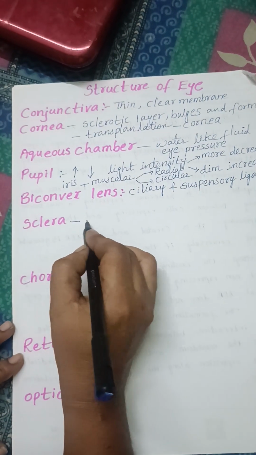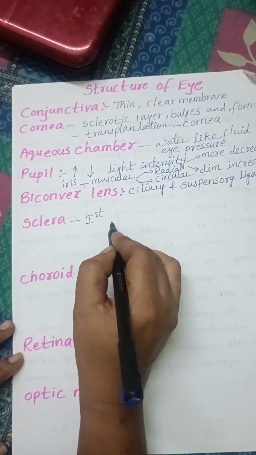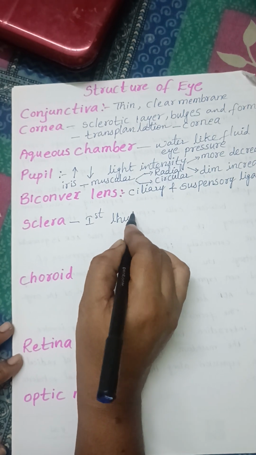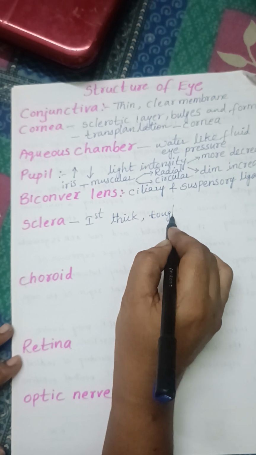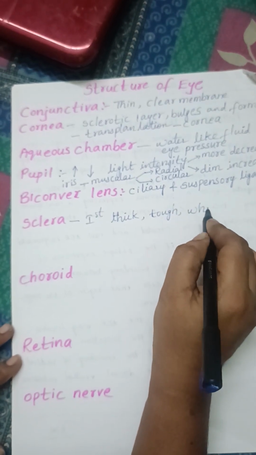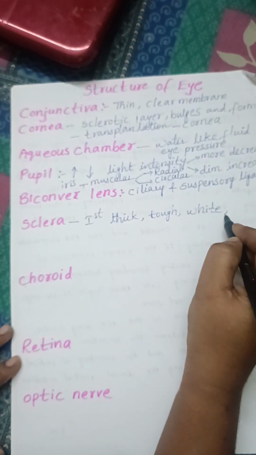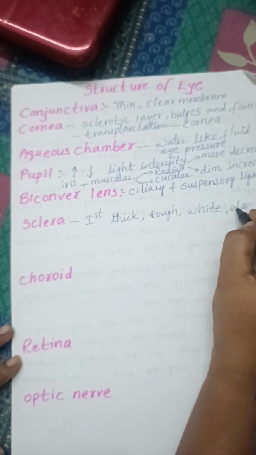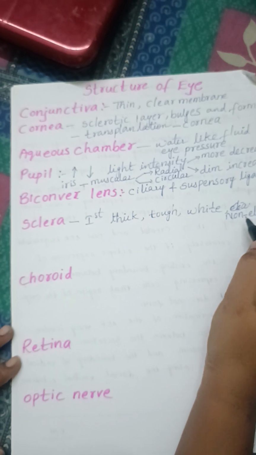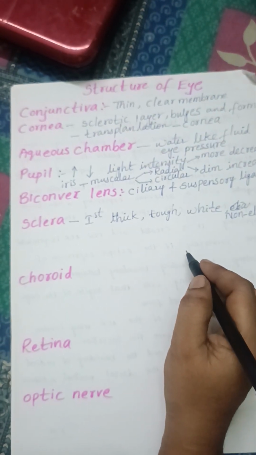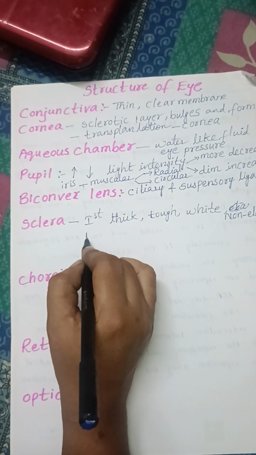Sclera is the first layer and it is a thick layer, tough layer and white color structure, non-elastic layer and fibrous layer.